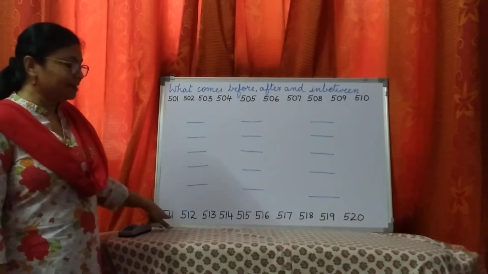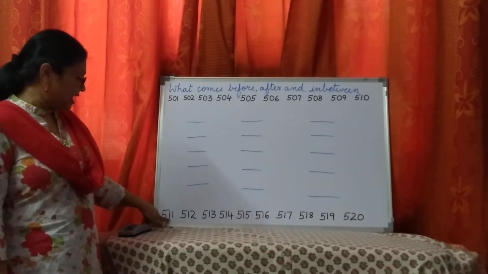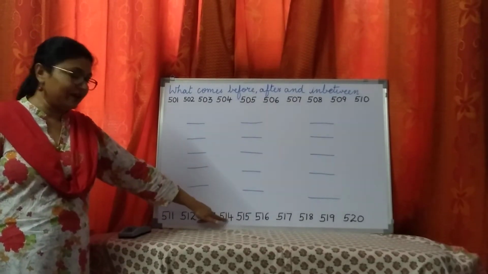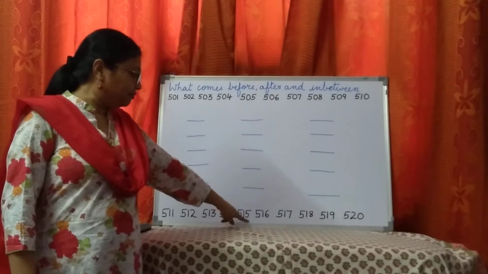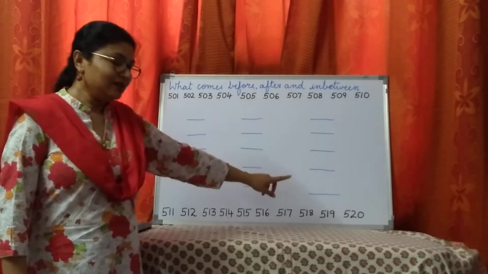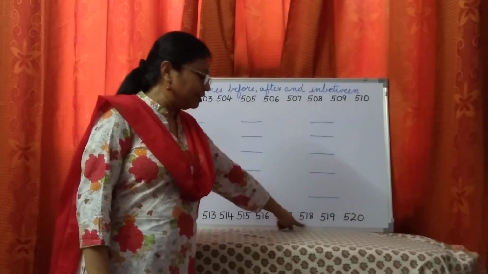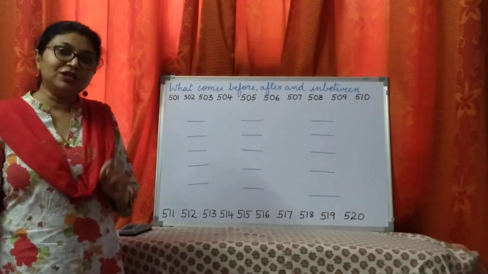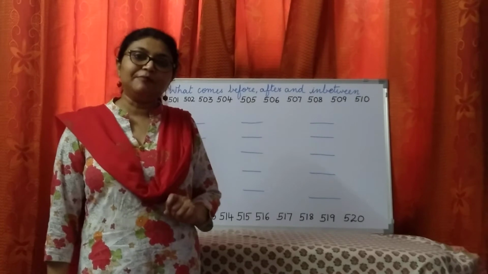And down also I have written some numbers: 511, 512, 513, 514, 515, 516, 517, 518, 519 and 520. Today the first thing we are going to learn is what comes before.